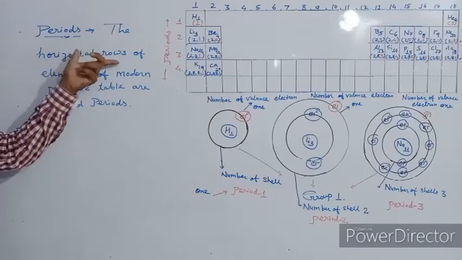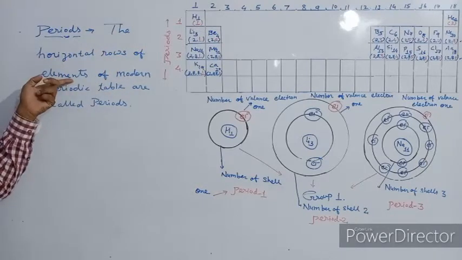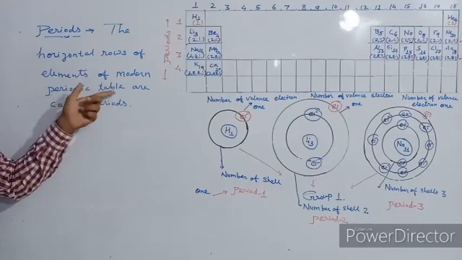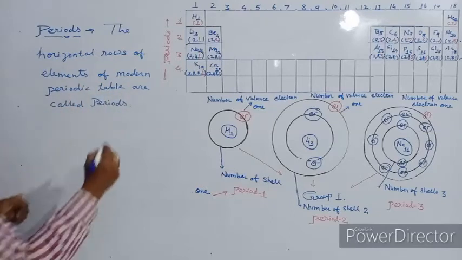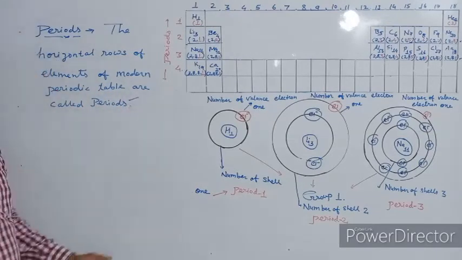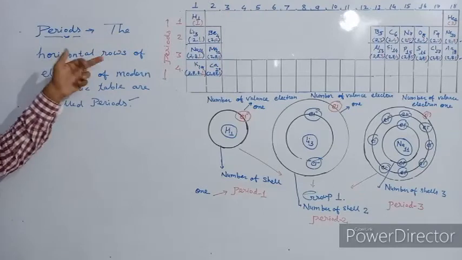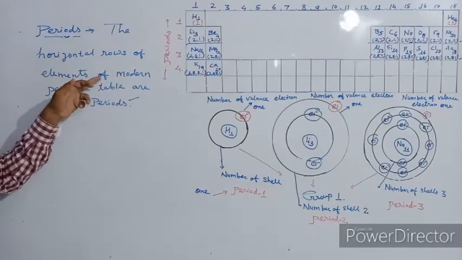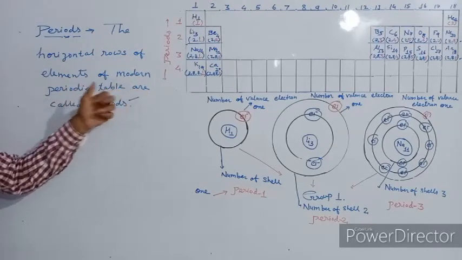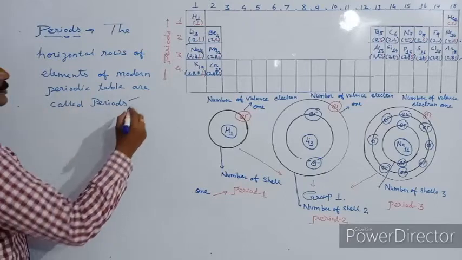The horizontal rows of elements of the modern periodic table are called periods.